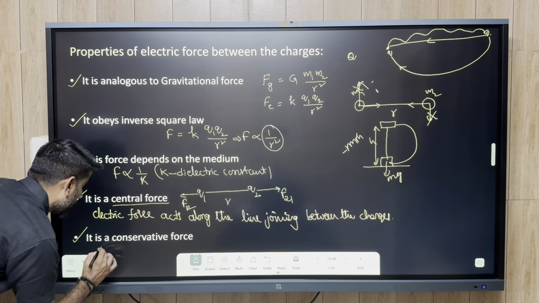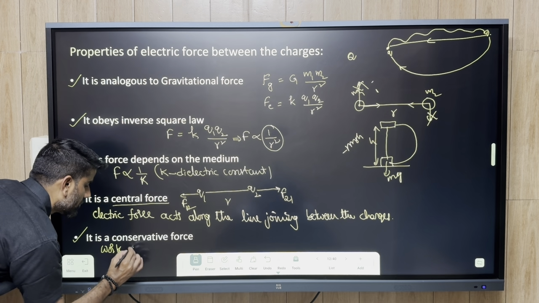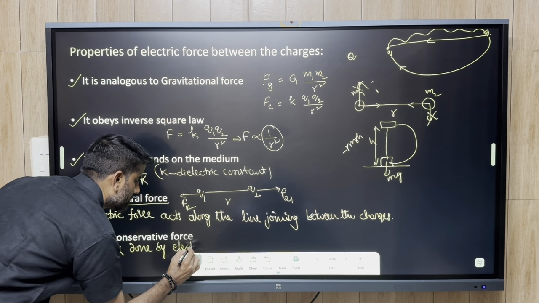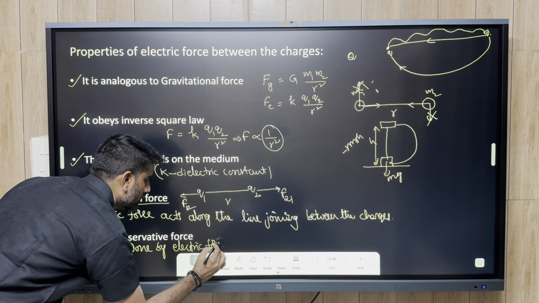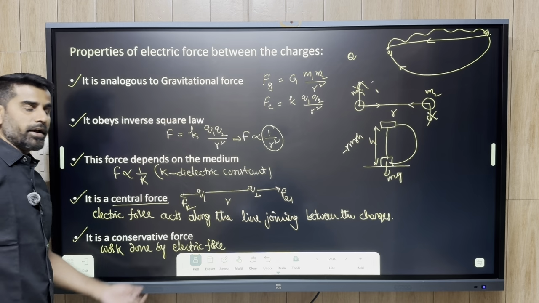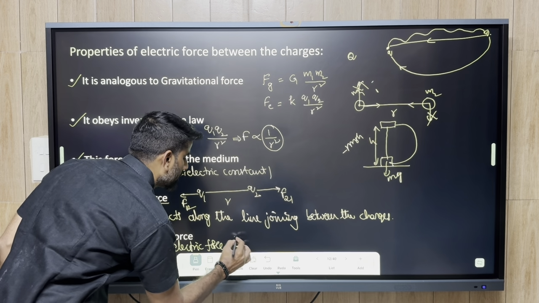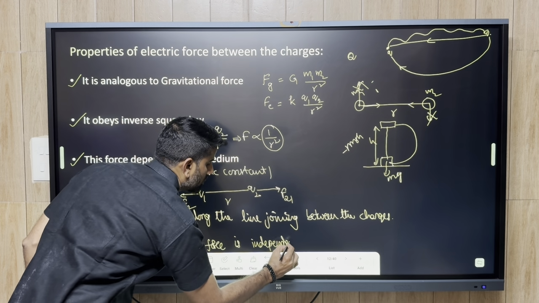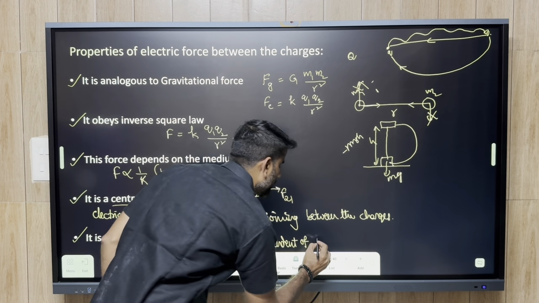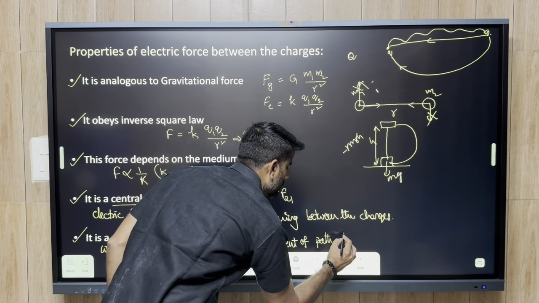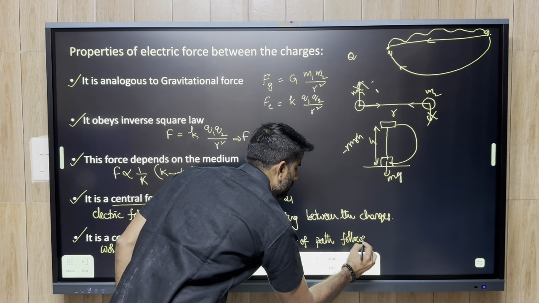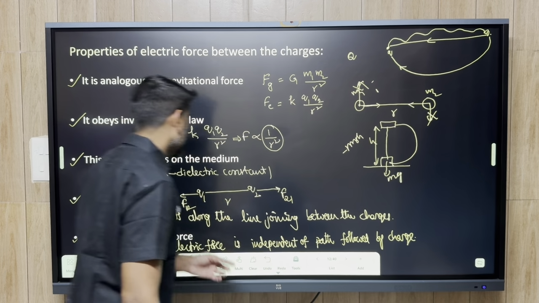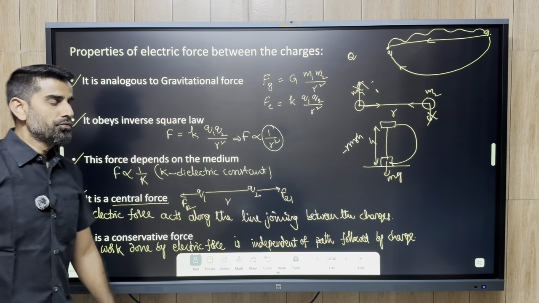Now work done by electric force is independent of path followed by charge. So we call this force a conservative force.